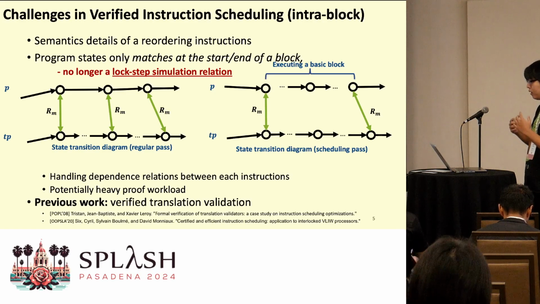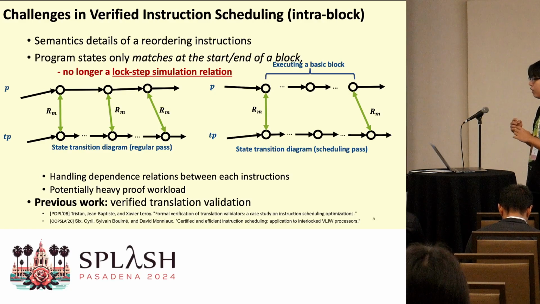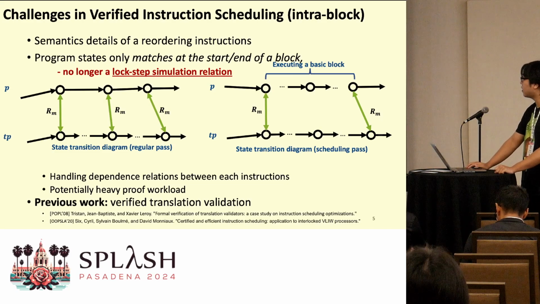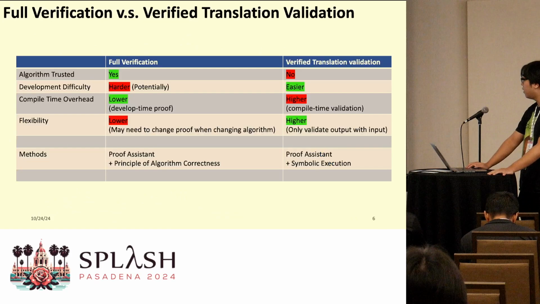That is the situation even when considering intra-block scheduling, and it will be much more complex when considering inter-block scheduling. The previous work on this problem only provides solutions on verified translation validation. That means they verified the validator, not the algorithm itself. The motivation of our work is to do a full verification.